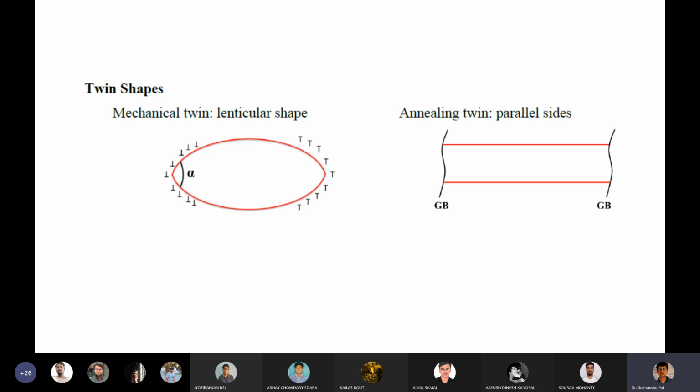So we already know that there is a striking difference between twinning and dislocation glide. Slip occurs in atomic distances, while twinning occurs in a fraction of atomic distances. The stress required to cause slip is much smaller than the stress required to continue it because of interaction with other dislocations leading to strain hardening. Whereas the stress required to nucleate twinning is often higher than the stress required to propagate twinning. So nucleating the twin needs more stress than propagating the twin.